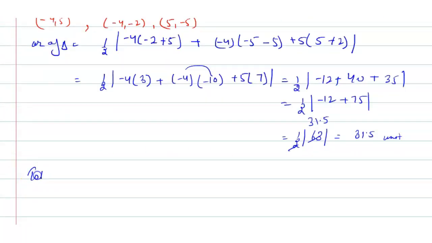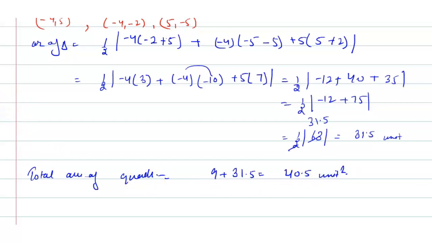So the total area of the quadrilateral equals 9 plus 31.5 equals 40.5 unit square.